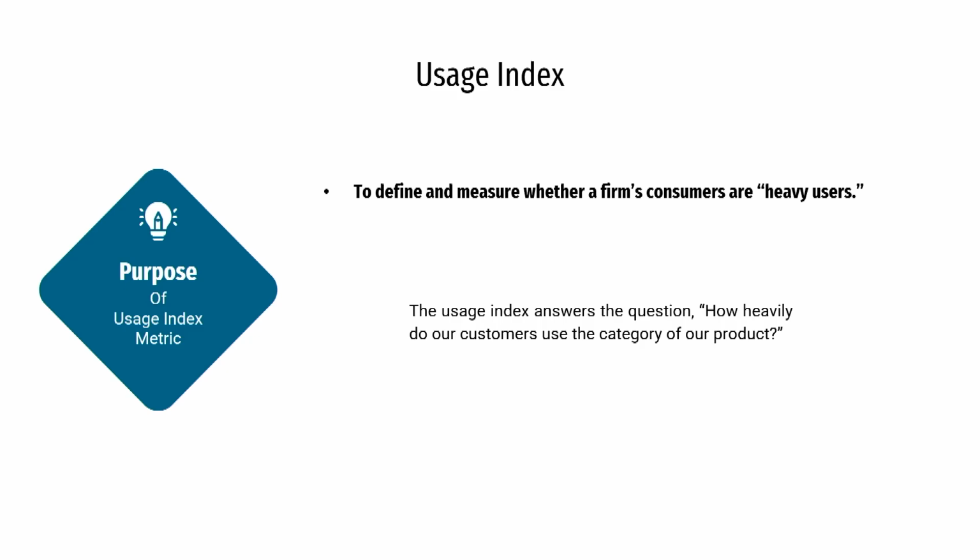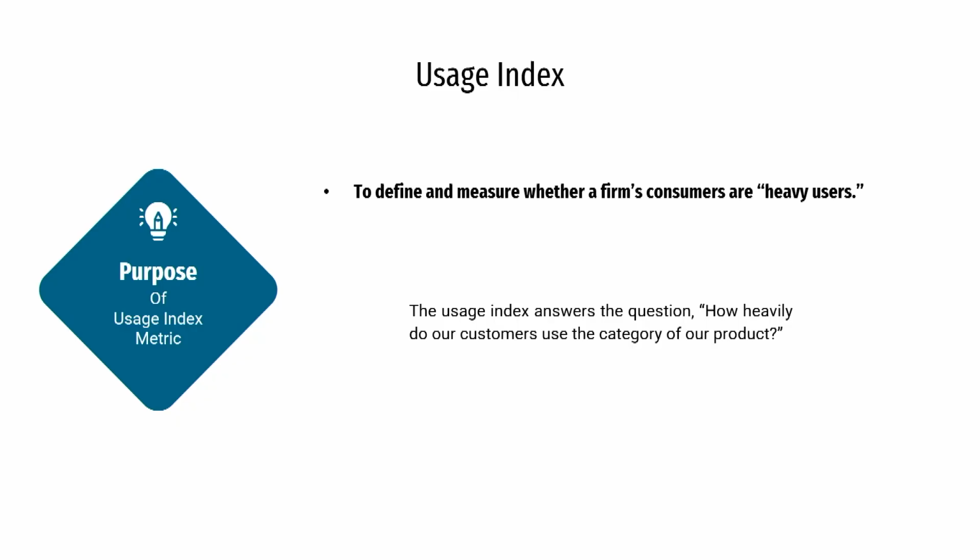The primary purpose is to define and measure whether a firm's customers are heavy users or light users as compared to average customers in the entire industry. The usage index answers this question: how heavily do our customers use the category of our product?